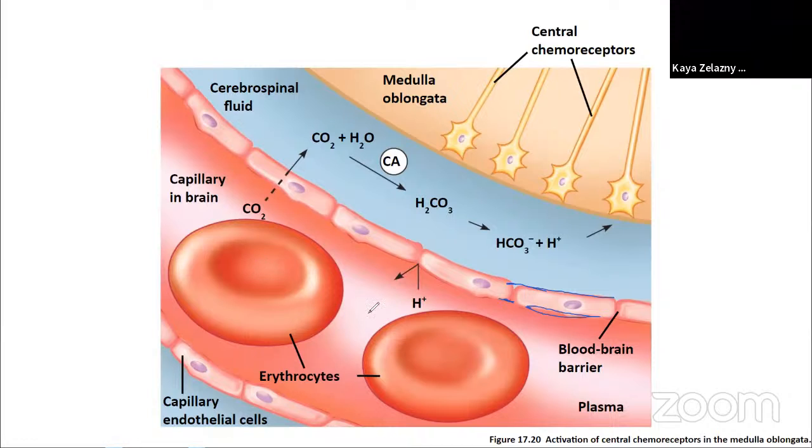What we have happening is that we have carbon dioxide and water here forming carbonic acid, and then we have our hydrogen ions getting to the central chemoreceptors, basically.